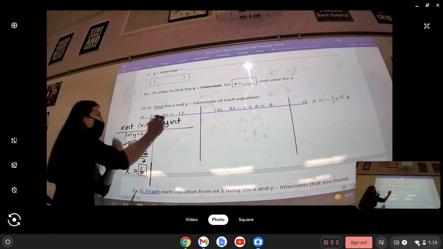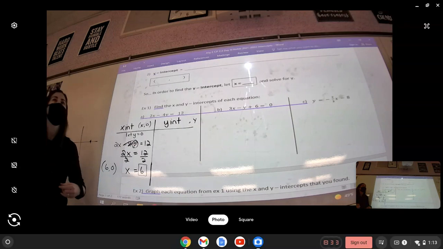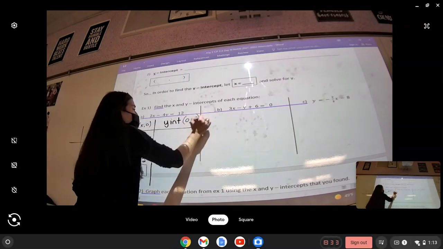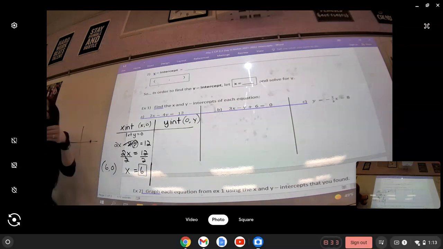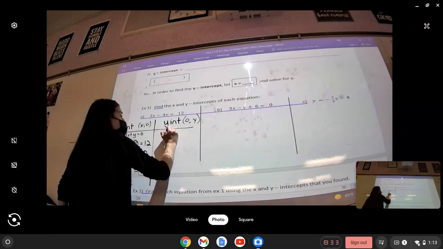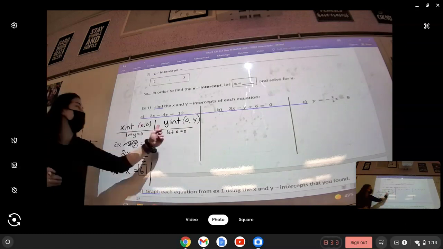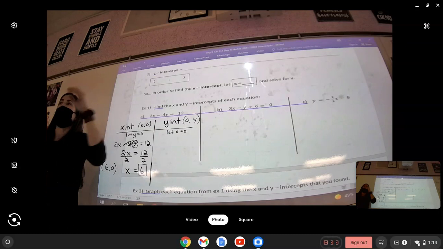So the y-intercept, I am definitely looking for y, because it's the y-intercept. But what does x have to be in a y-intercept? 0. So I need x to be 0, so I can go solve it for y. So go to the equation and let x be 0. Like I said, whatever intercept you are solving for, then the other coordinate needs to be 0.